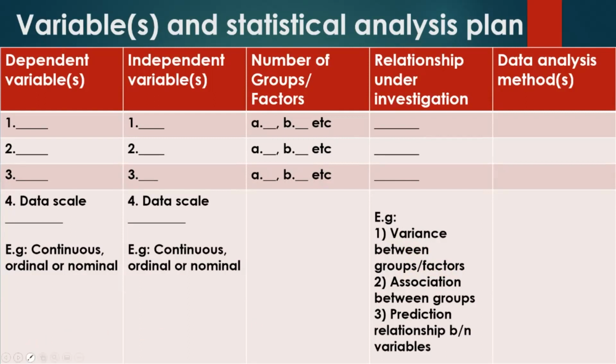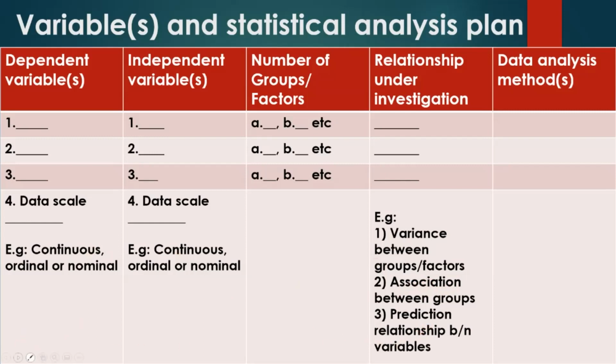I cannot overemphasize this, okay? Because some of the relationships will be based on those groups or factors, especially when you are analyzing variance. But not so much for association, because for chi-square, you also need groups, but two categorical groups. For correlations, one group may be enough. Even for regression, one group of the independent variable can be enough.